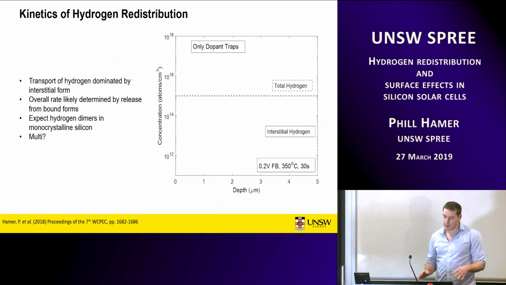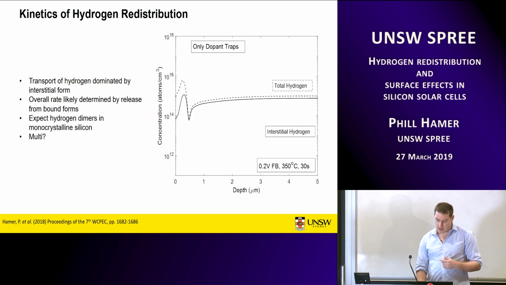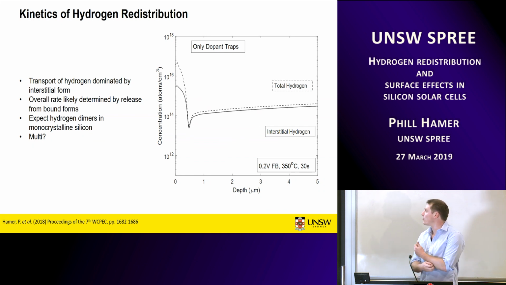The problem with this a little bit is that, while we can simulate it, we don't know whether what we're seeing is due to all the hydrogen leaving the bulk and moving to the surface, which would give us useful information on what we're doing to get rid of LeTID, or whether only a small amount is. This depends on the bound states of hydrogen in the bulk. There's a few different forms we could use. This simulation is just considering hydrogen bound at dopant traps.